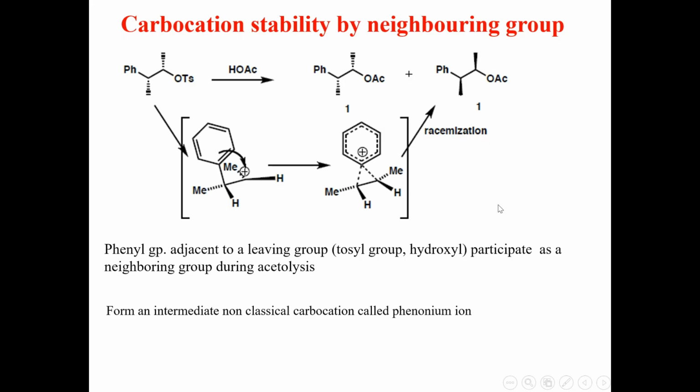Aromaticity is another factor which stabilizes the carbocation, and neighboring group participation also stabilizes the carbocation. These are the 5 factors which stabilize the carbocation. That won't mean that they can be isolable. All are non-isolable. But however, they will be comparably more stable than a simple methyl cation.